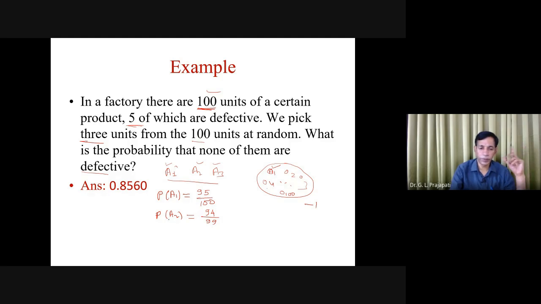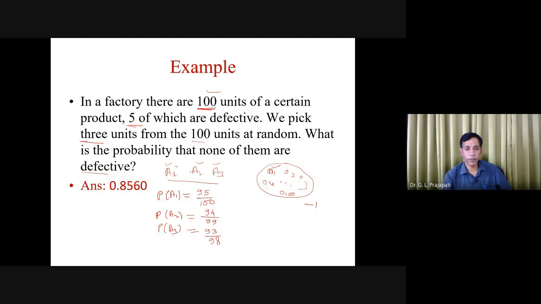So the probability for A2 not defective is given that A1 has occurred. Now for A3, you have 93 units which are not defective, because two are already picked up, and the total is 98.